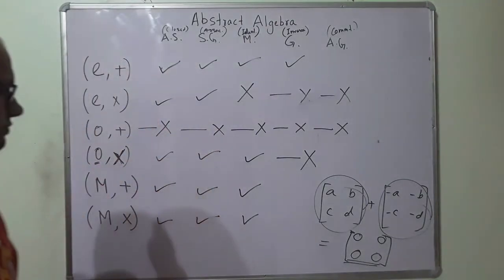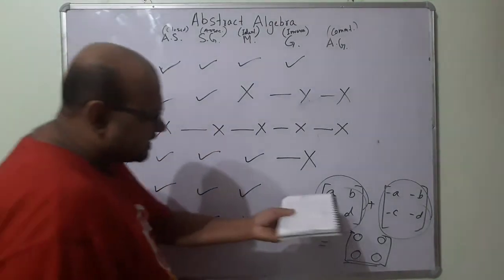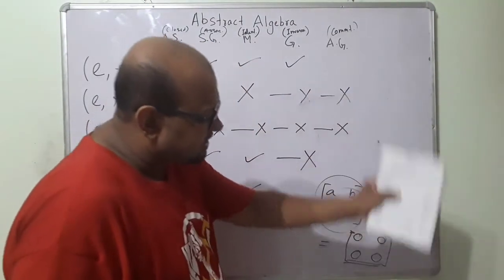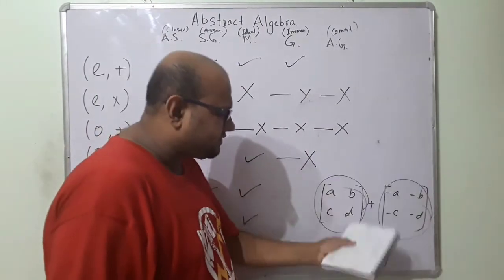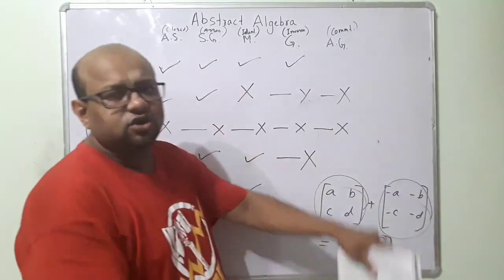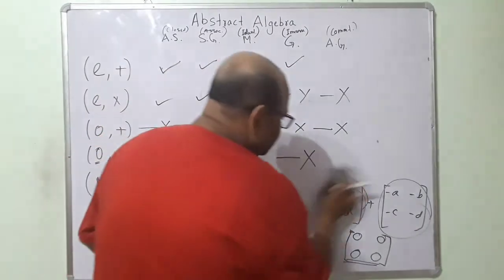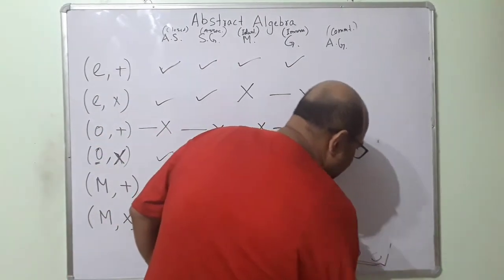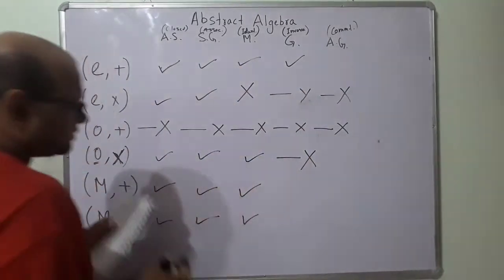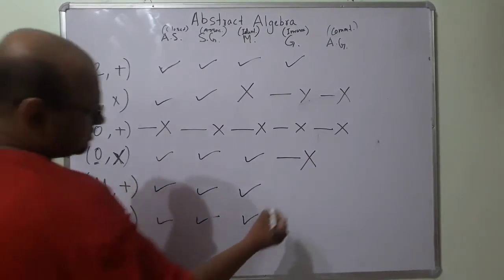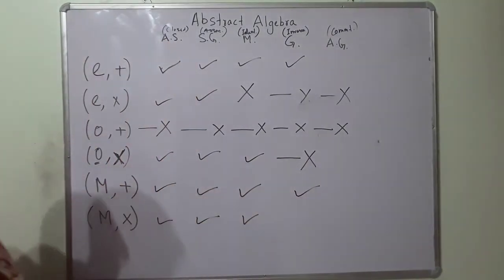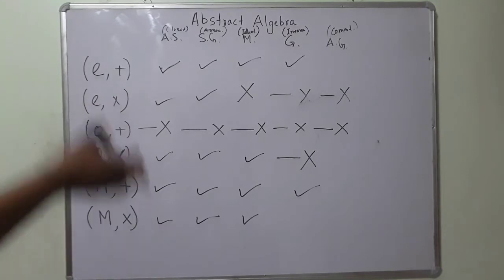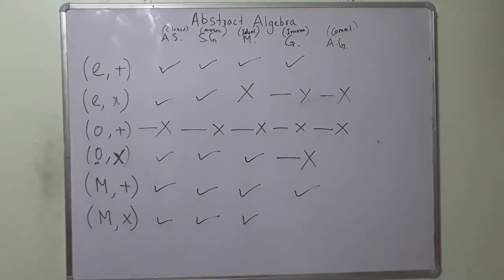So for every matrix, its additive inverse is also a matrix and belongs to the set of matrices. Because of that, we know this is a group. The inverse belongs to the set.